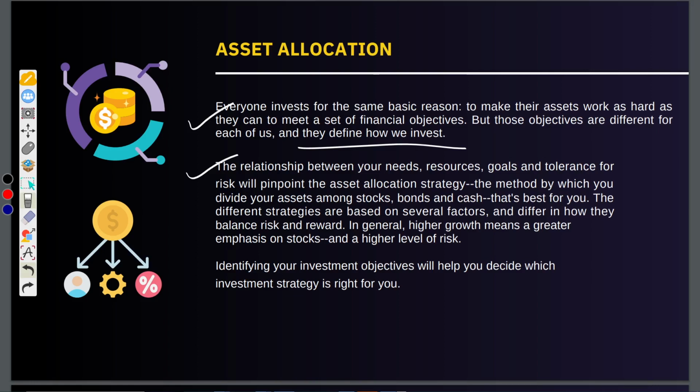In general, higher growth means greater emphasis on stocks, and a higher level of risk. Identifying your investment objectives will help you decide which investment strategy is right for you. As I said, it's a basic risk-reward relationship that works on the basis of the investor's risk appetite and income. That's it. All right.